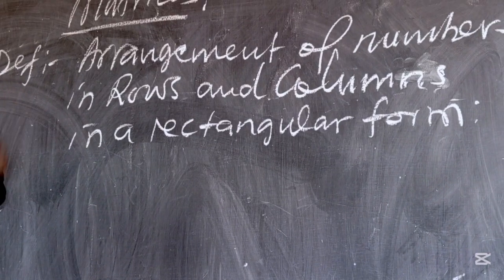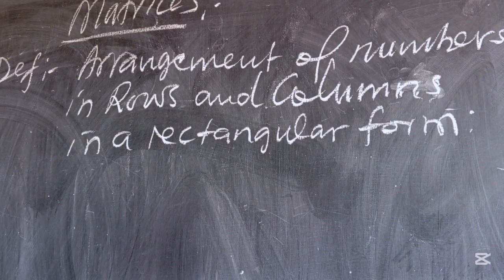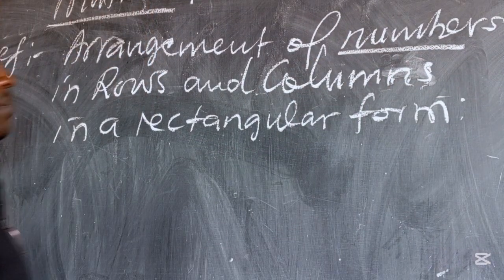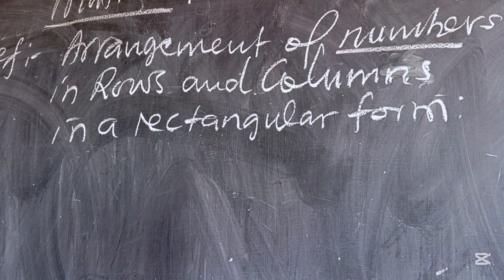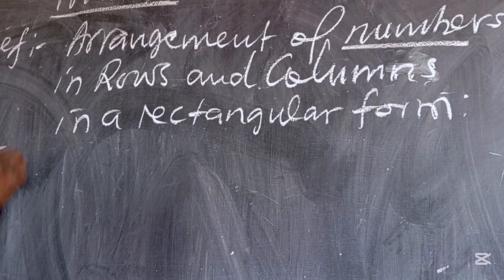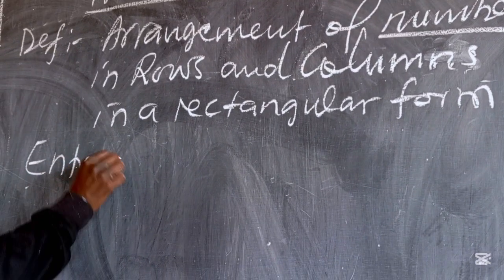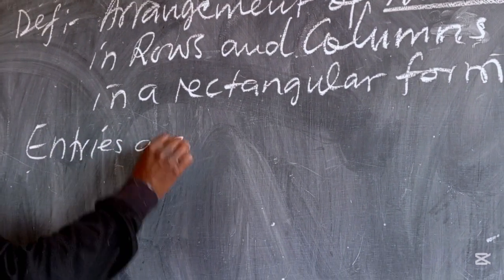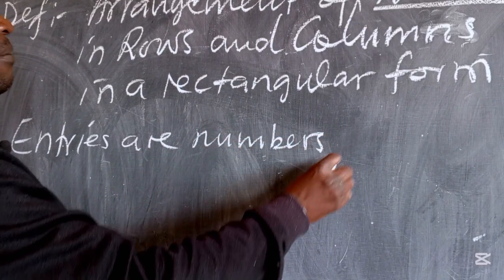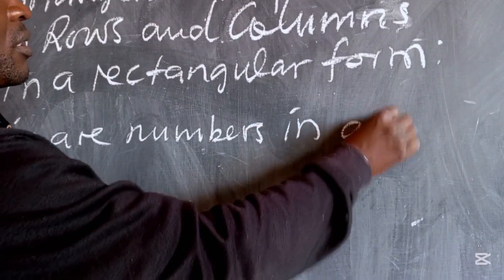So what is a matrix? Just the arrangement of numbers. Now those numbers are not mere numbers, they are called entries. Entries are numbers in a matrix.